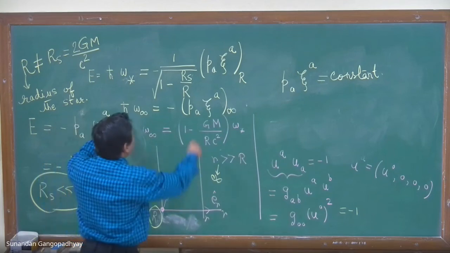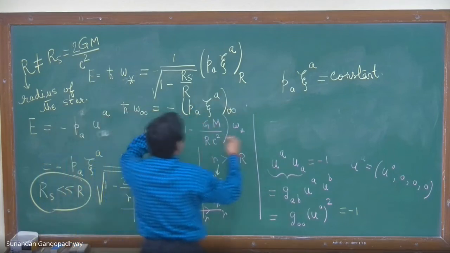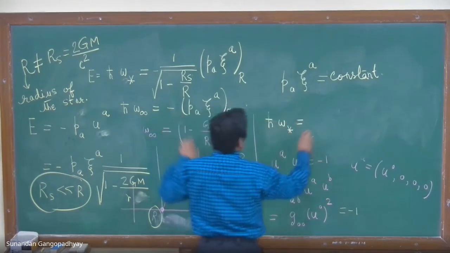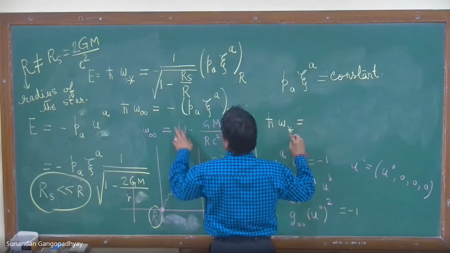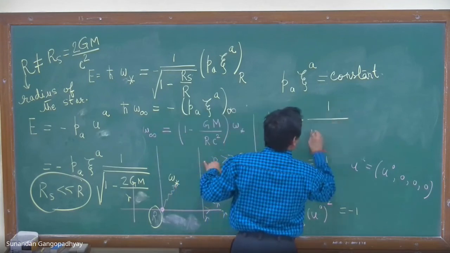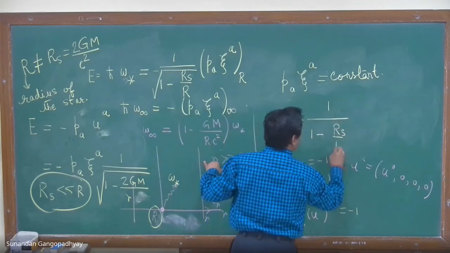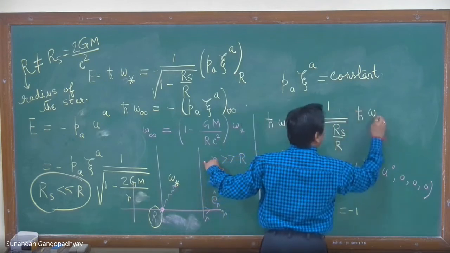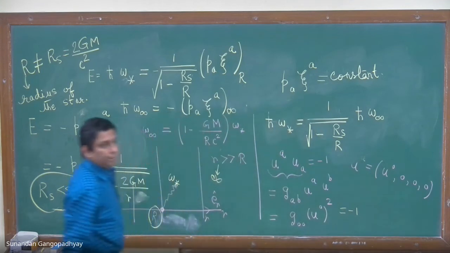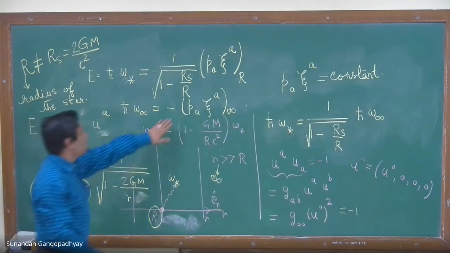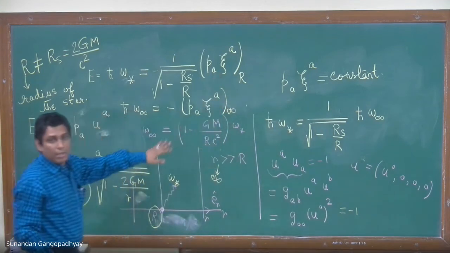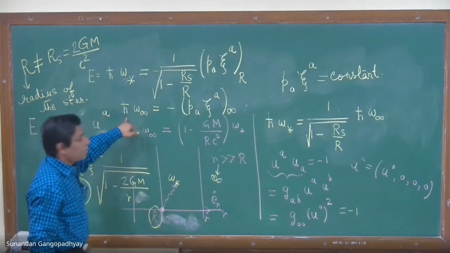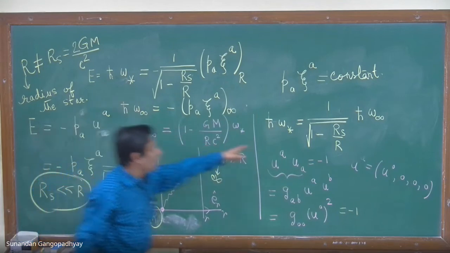So if that is true, then you can basically set this and this equal. Since this and this are equal, therefore h bar omega star is equal to 1 divided by square root of 1 minus Rs by capital R, times h bar omega infinity. Because this and this are equal along a geodesic, and this is equal to h bar omega infinity, therefore from this equation you have this relation.